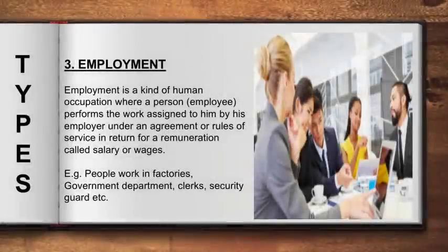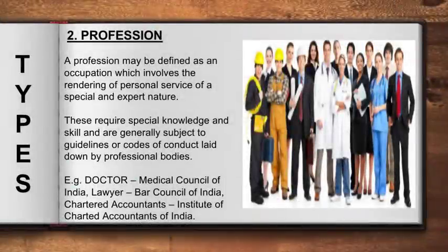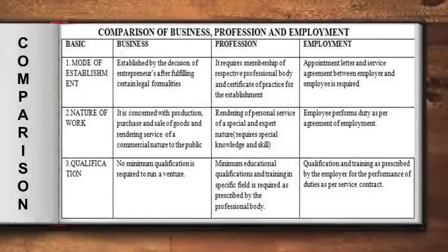Remember in the previous slide, in profession we saw if you are to be recognized as a doctor, then you have to be a part of the Medical Council of India. Same way, if you have to be recognized as a lawyer, you have to be a part of the Bar Council of India. Okay, so that's why they're saying that you need to be a part of these particular professional bodies and you need to have a certificate also saying that you are ready to practice as a doctor or engineer, lawyer, whatever it is.